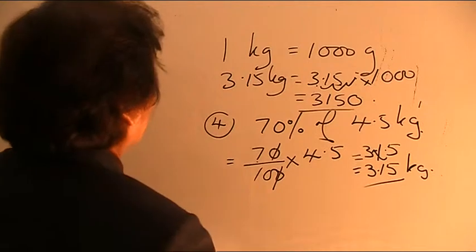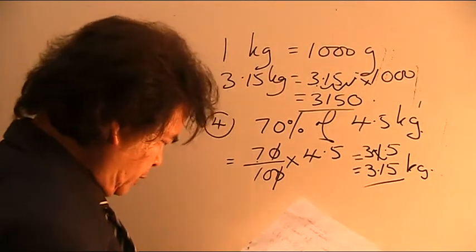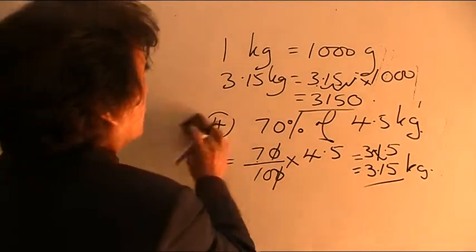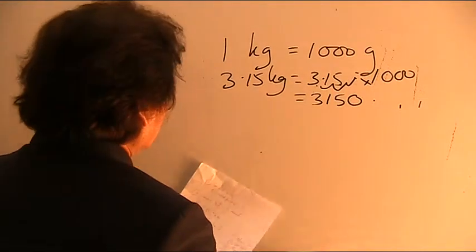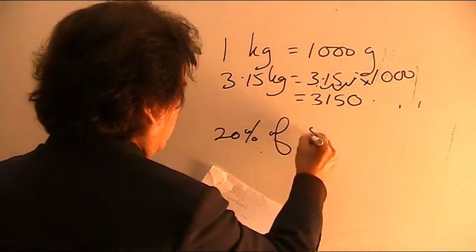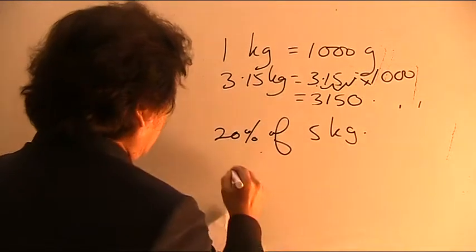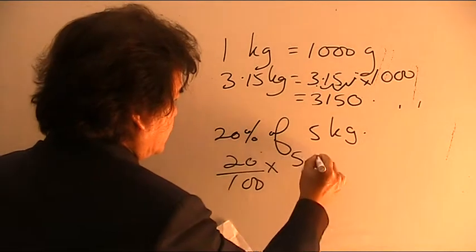Last part, that will be part D, 20% of 5 kilogram. Okay, 20%, right? 20% of 5 kg. The same thing, 20 over 100 multiplied by 5 kg.